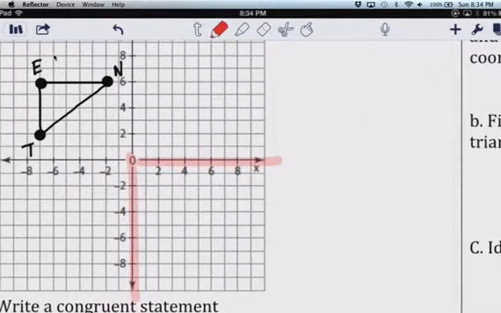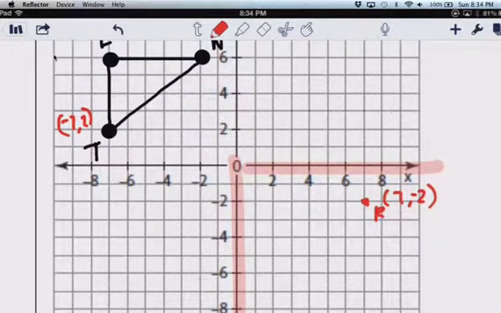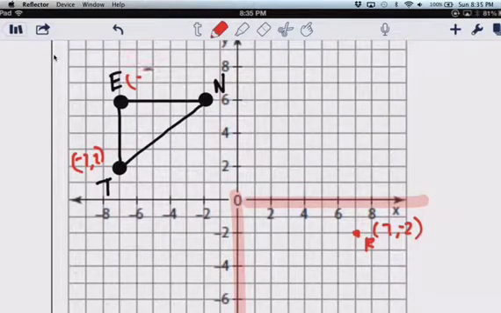T is negative 7, 2. So it becomes 7, negative 2. And that's R. A is negative 7, 6. So 7, negative 6.